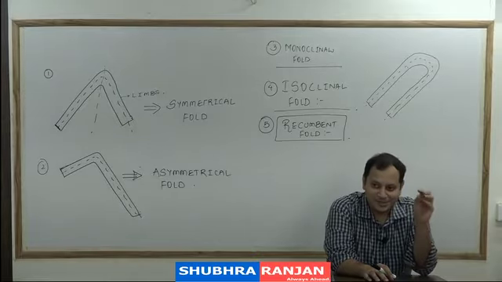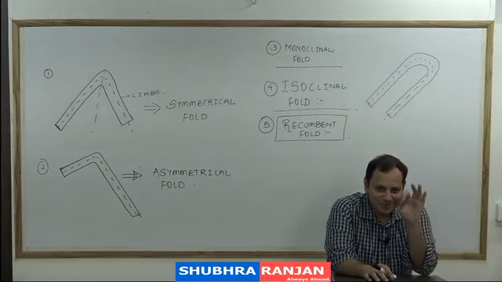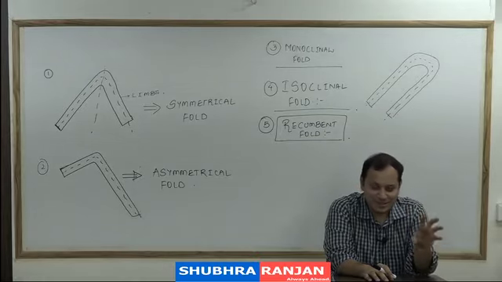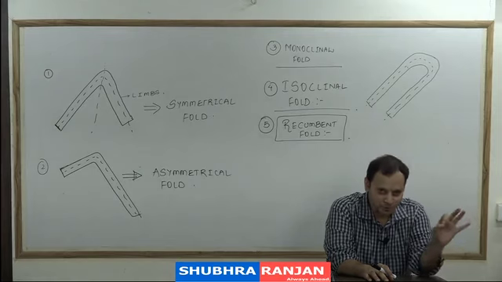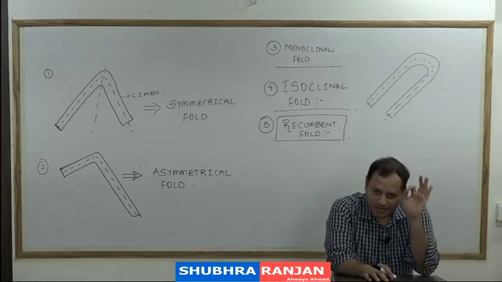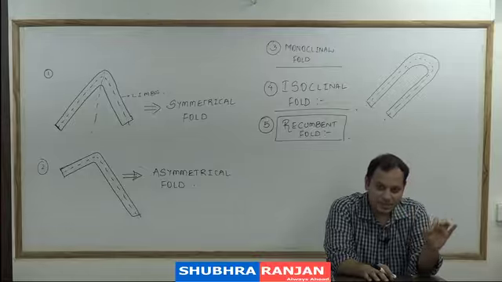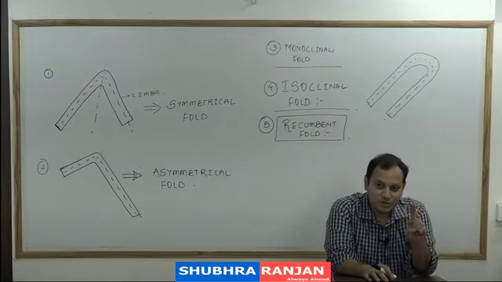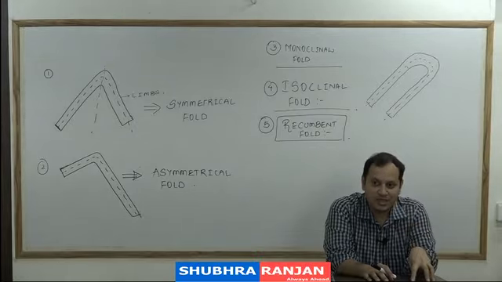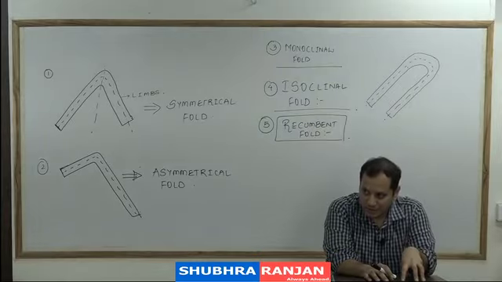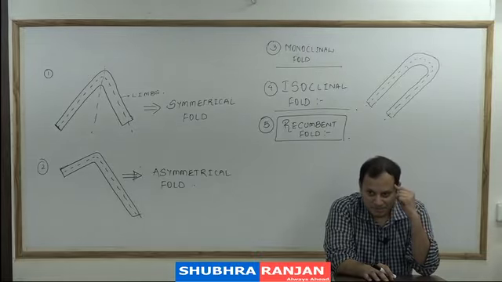Recumbent fold. Try writing down, try making the diagrams. Write, not just try writing, because you have to pass the exam by writing. So don't just listen and understand, because after 6 months nothing will remain, only your handwritten notes will be remembered. Try doing this: read printed notes, and read your own handwritten notes. Your memory is stronger when you write with your own hands. In psychology this is known as the levels of processing approach. The greater the level of processing, the more the information goes into your long-term memory.